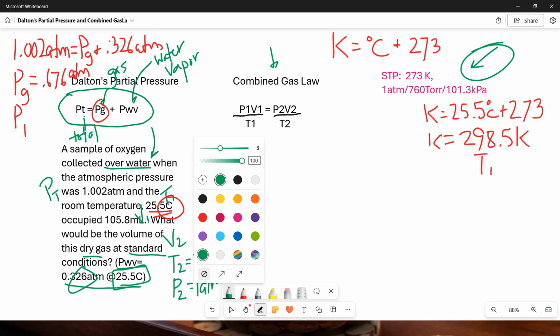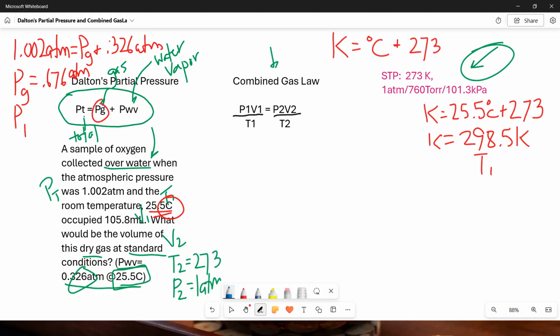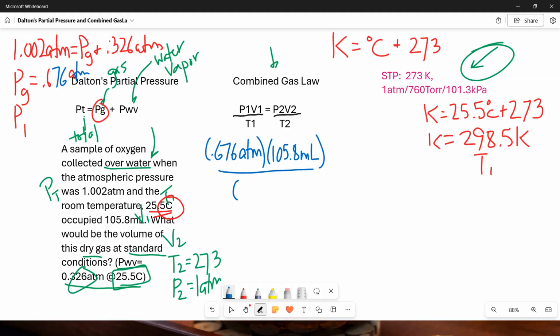All right, so now let's set up our problem. I'm going to change the color here just so we're not confused. Our first pressure is 0.676 atmospheres. I erased it, darn it. So when I put it in, it's going to be 0.676 atmospheres times the volume, which is 105.8 milliliters, all over the temperature that we corrected to be 298.5 Kelvin.